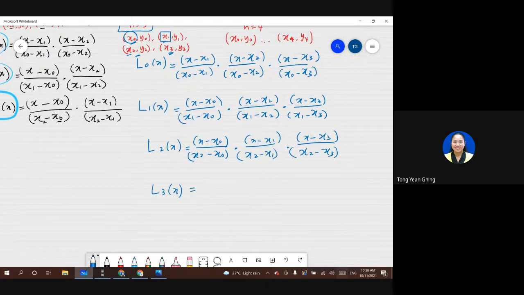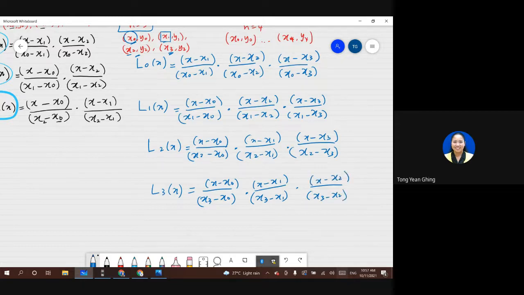So for the weighting function, this one L3, x3 minus x0, x3 minus x1, x minus x1, x3 minus x2. So x minus x2. It becomes like this.